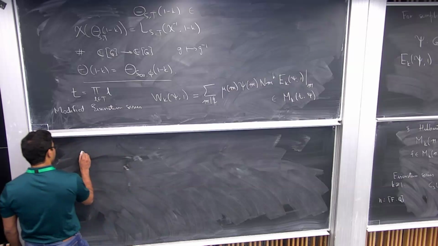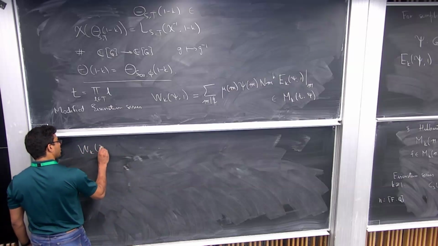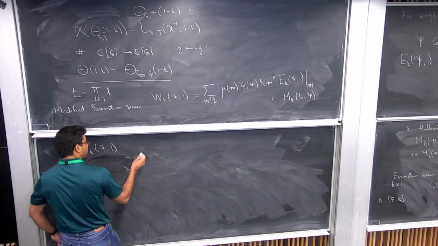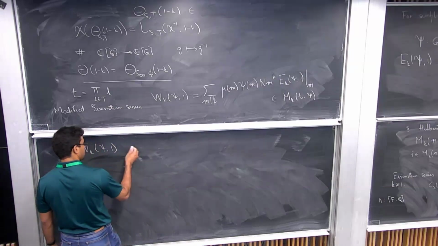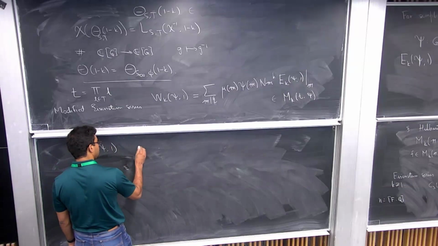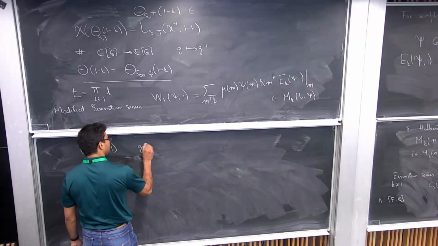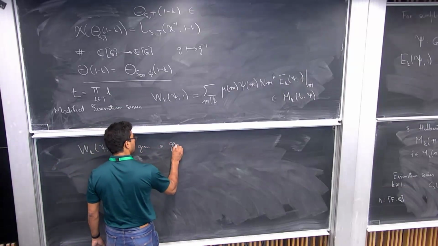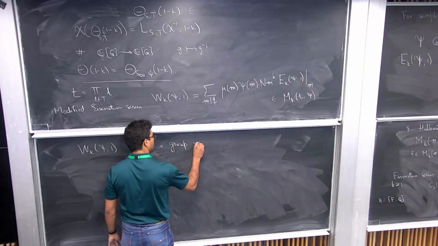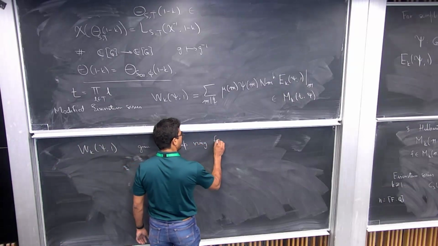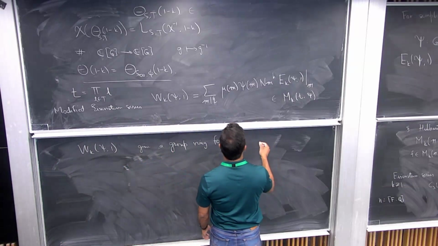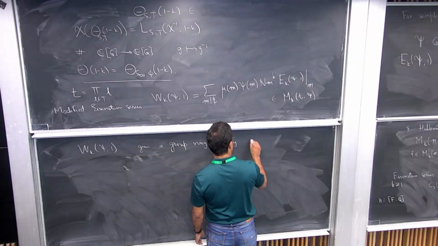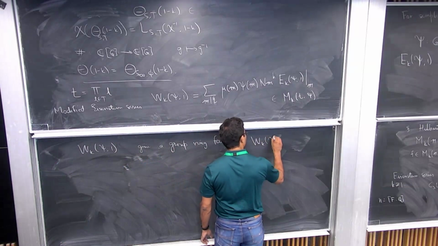So the W_k are put together to give a group ring family, W_k bold psi 1.